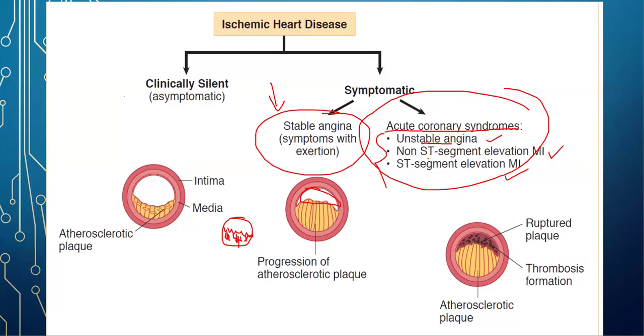Stable angina will get better with taking rest or with nitroglycerin, whereas unstable angina will not get better with rest and the pain will persist for more than 10 minutes. Same with myocardial infarction: it will not get better with rest and the pain will be much more severe. There will be more chance of nausea, vomiting, tachycardia, and shortness of breath. All of these symptoms can be there in an MI patient.